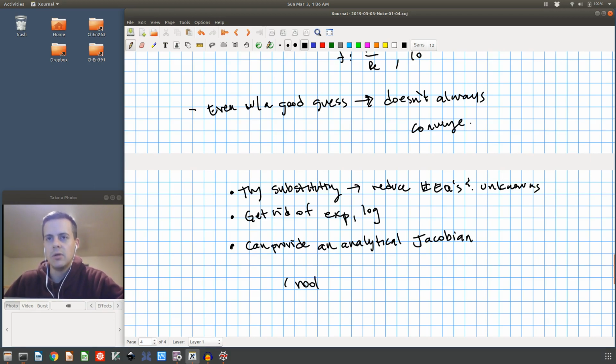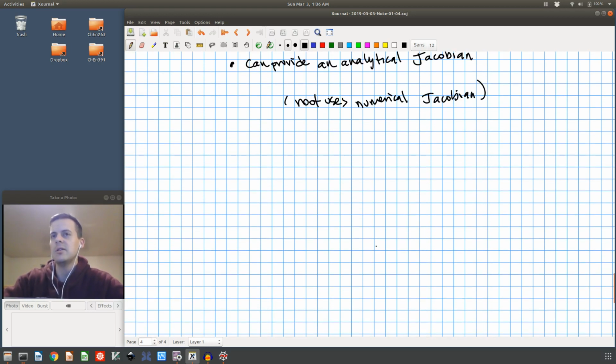So root uses a numerical Jacobian, not an analytical Jacobian, not one where you actually take the partial derivatives. You can add one, just like you did for Newton's method, and that will help it. So if you're having a really hard time converging, you can give it an analytical Jacobian.